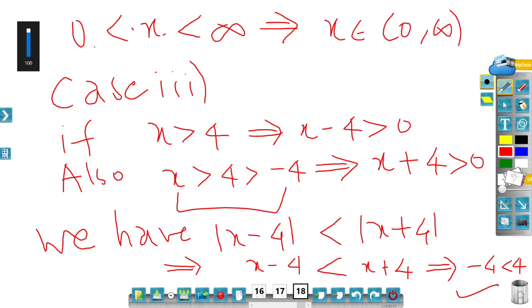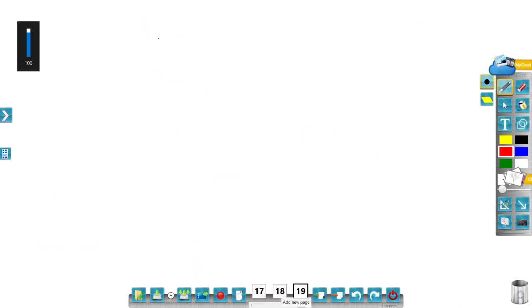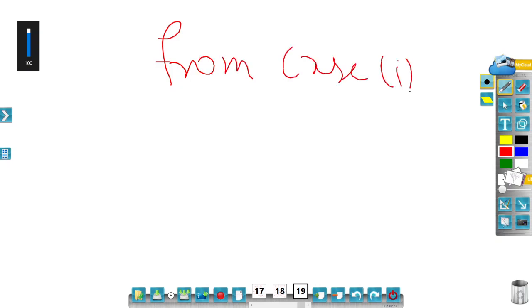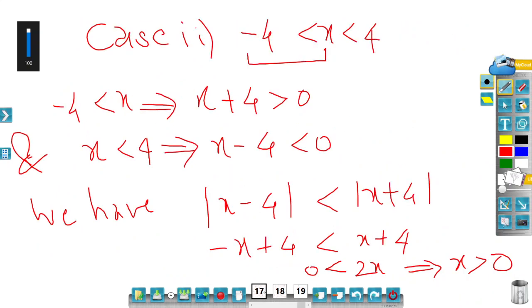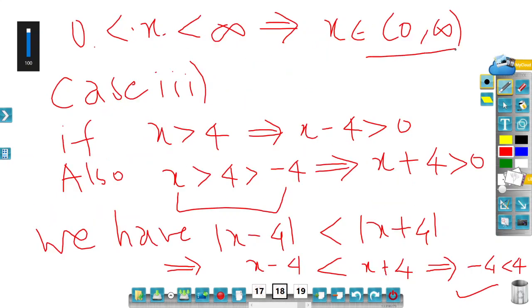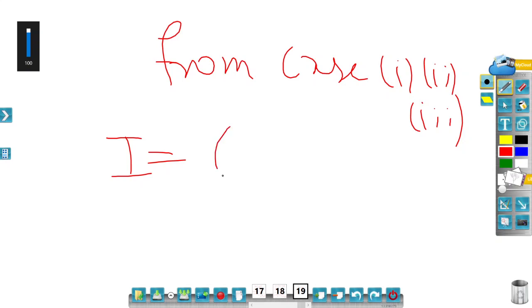So you could see that from case 1 to 3, I can write the set as an interval. Only case number 2 has given me something. It is 0 to infinity, open interval 0 to infinity.